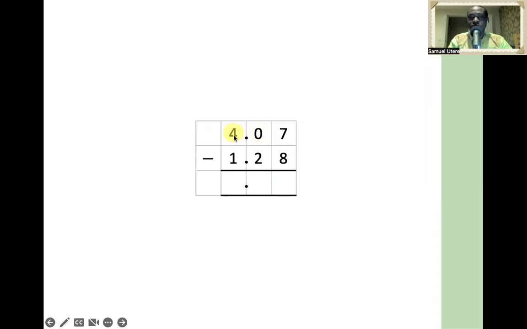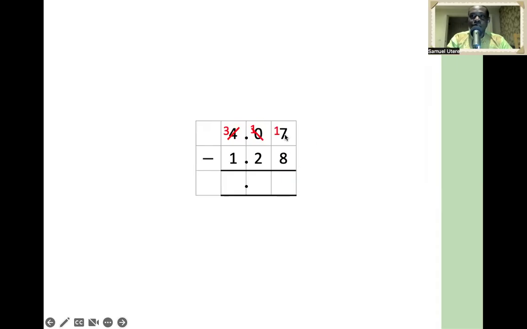So if we use an exchange of 1, we'll be left with 3, obviously. That 1 is equivalent to 10 tenths. But remember, we still have to complete this here so that we can do our subtraction. So if we take 1 tenth, that will be equal to 10 hundredths. So 10 hundredths plus the 7 hundredths will give us 17 hundredths.